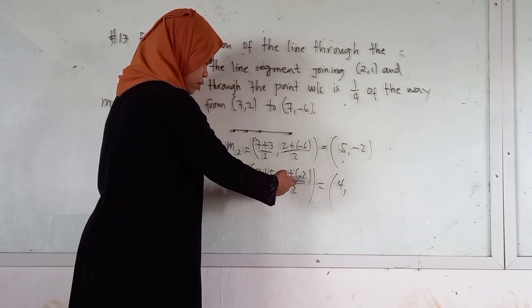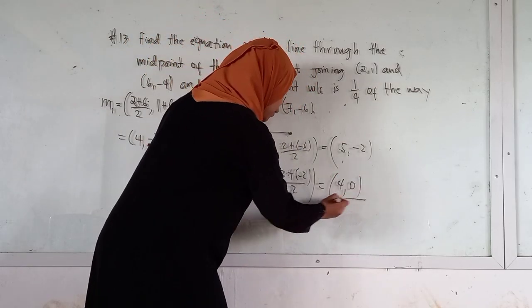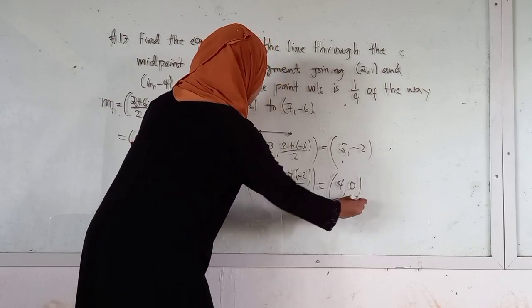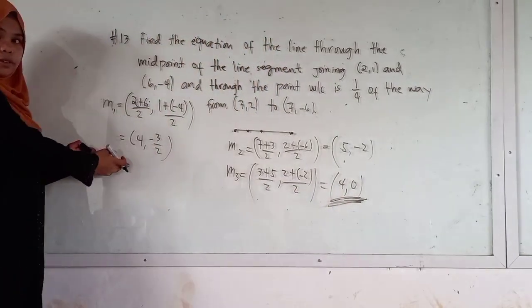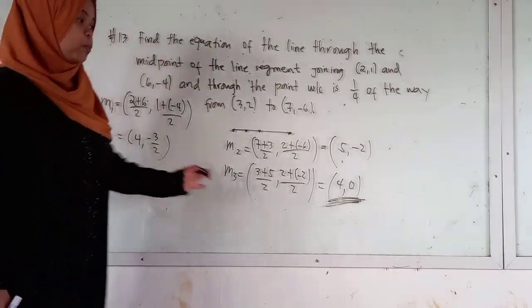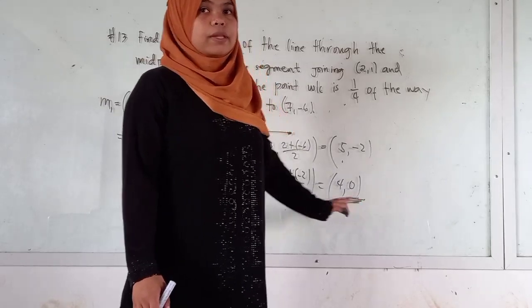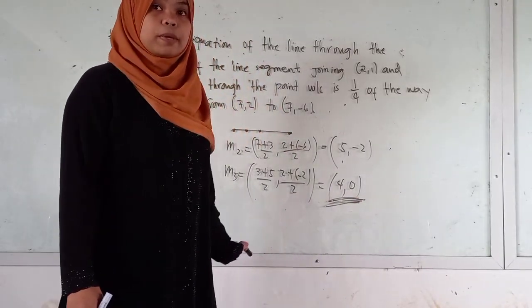And then this is 0. So 0 over 2, that is 0. Okay, so ito yung kailangan ko. Yan yung sinasabi niya 1/4 of the way. That is my point papunta dito. Okay? So, paano kukunin yung equation given the 2 points? So, ano yung gagamitin natin na formula? So, we have the 2-point formula, no?